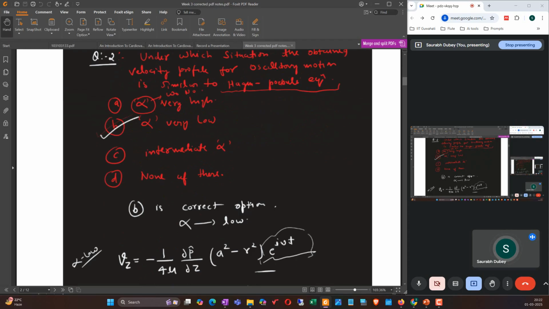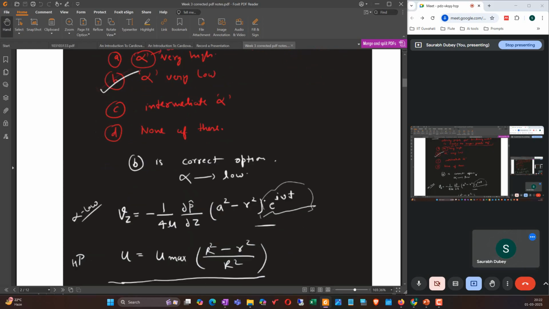Under which situation is the obtained velocity profile for this motion similar to the Hagen-Poiseuille one? That is when the laminar flow is steady-like, which happens when alpha is very low, right? Then option B is the correct answer.